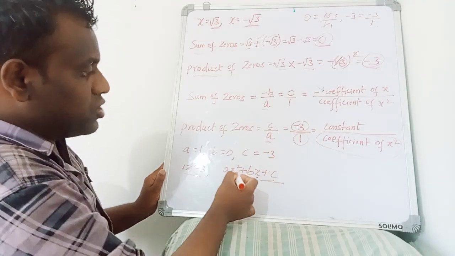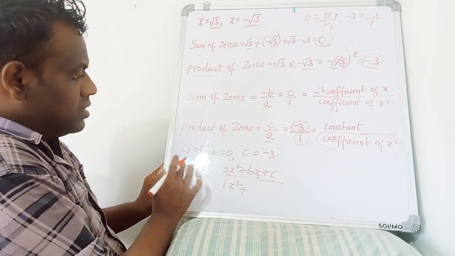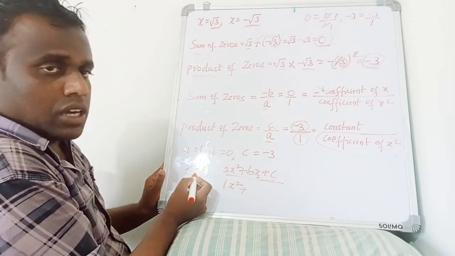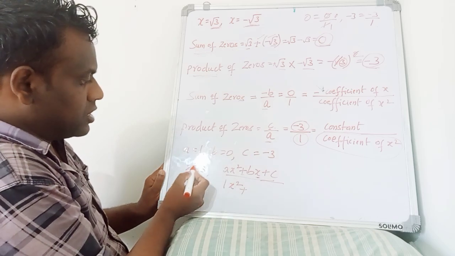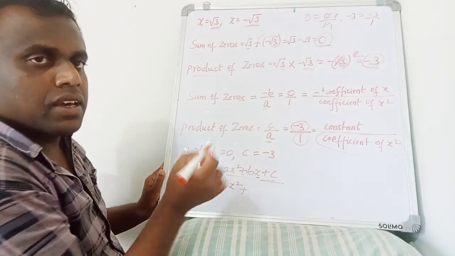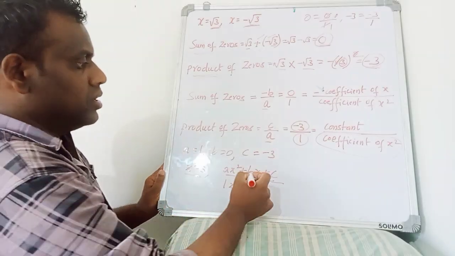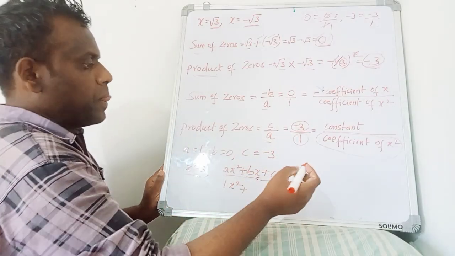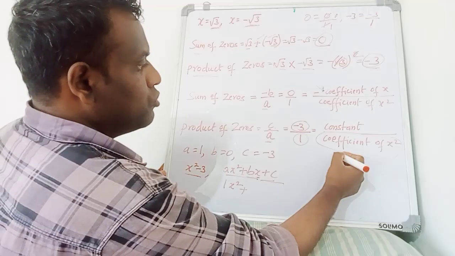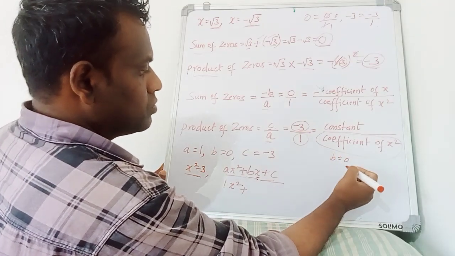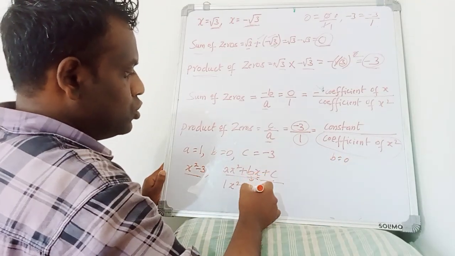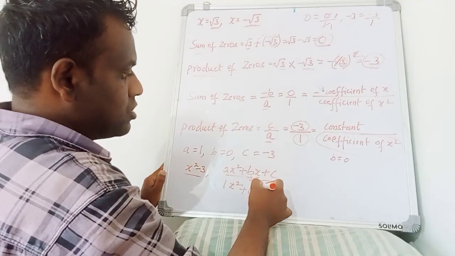Next, first consider variable x. In the given polynomial there is no x. Here x square is there, here just 3 is there. X is not there, but when you take b is equal to 0, I will take b is equal to 0 and I will put x as it is.